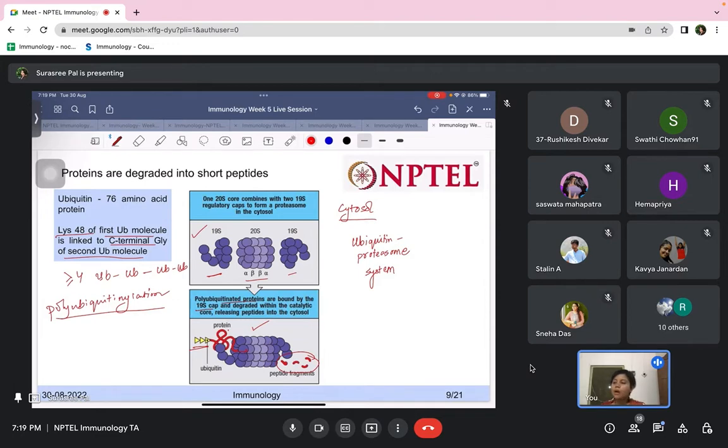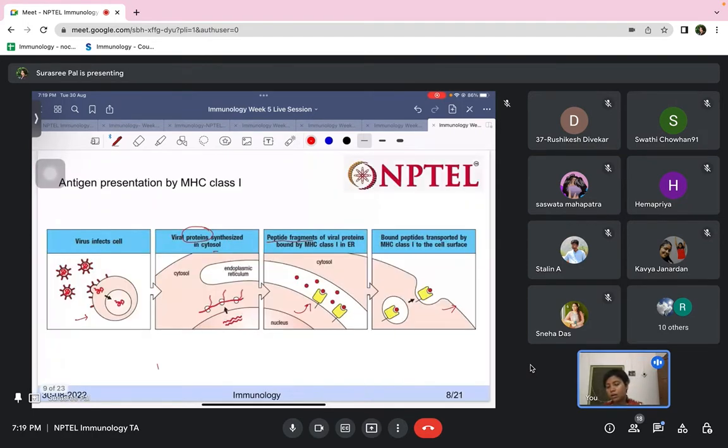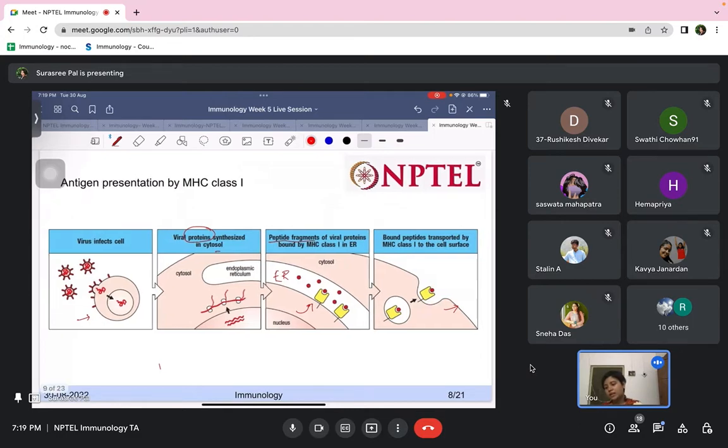But now how will these cytosolic proteins move to the endoplasmic reticulum? You might have seen here that this is the endoplasmic reticulum, where the MHC molecules bind to the antigenic peptides, right? The proteins are synthesized and degraded in the proteasome in the cytosol itself.